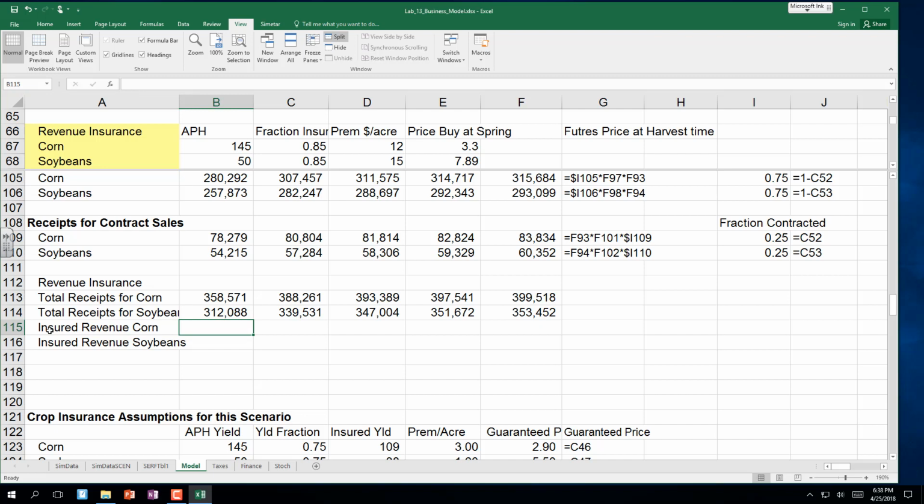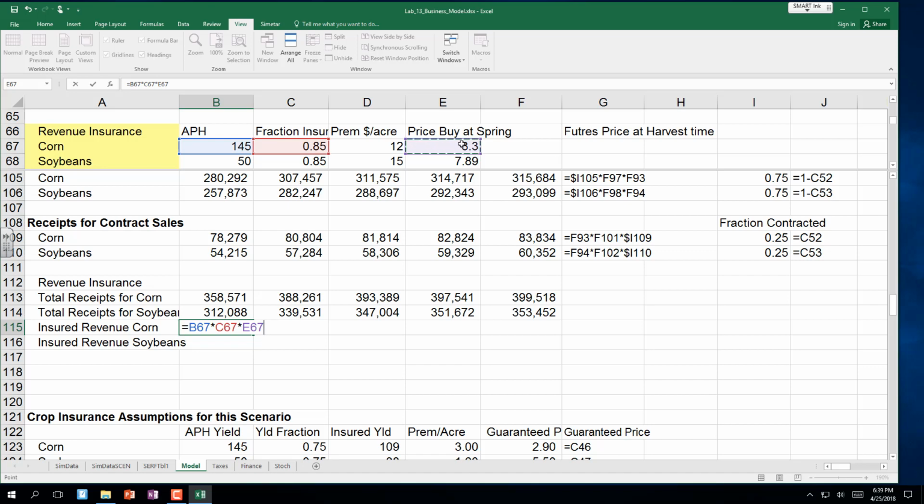For corn, it's equal to my APH times 0.85 times that $3.30. So think about it: we're going to take whatever our normal yield is, 85% of that, times this price, times one more number.